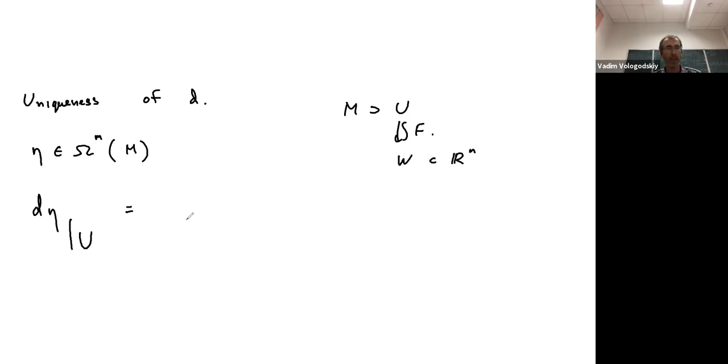First of all, the de Rham differential must commute with the restriction, because restriction is a special case of the pullback, right? It's the pullback to the open subset. So it must be D of eta restricted to U.